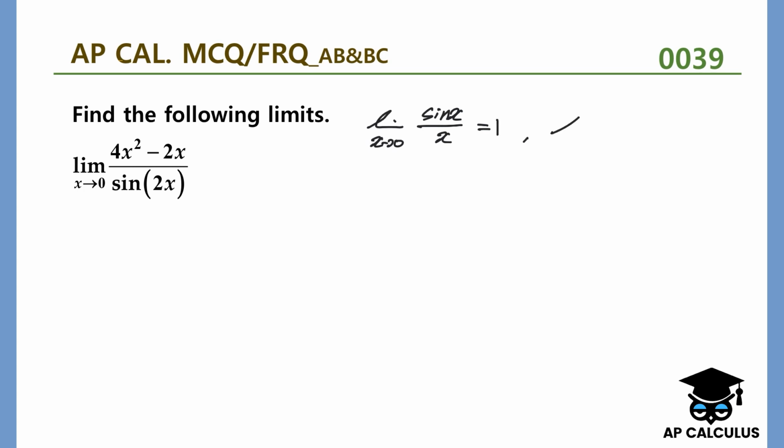Or the limit as x approaches 0 of x over sine x is also equal to 1. When the angle and the expression are equal to each other and both approach 0, then the limit is equal to 1.